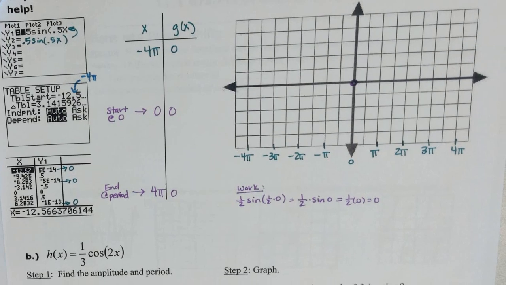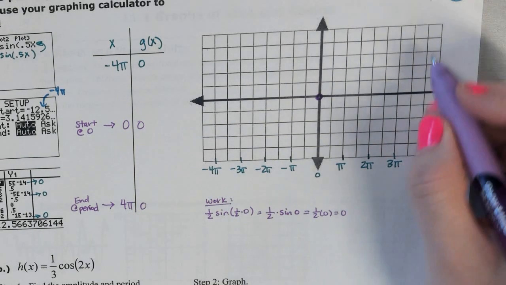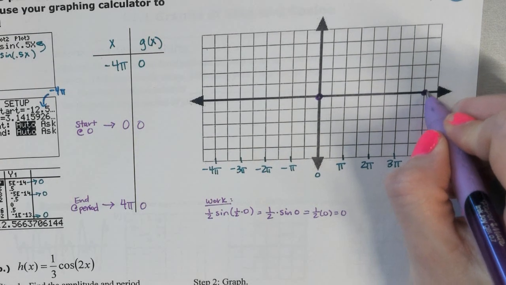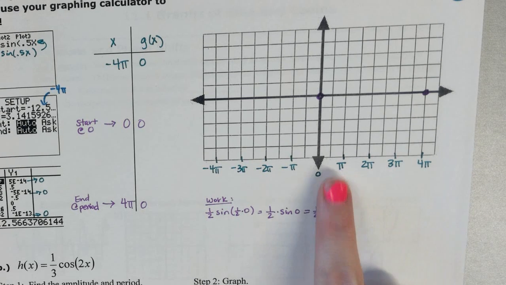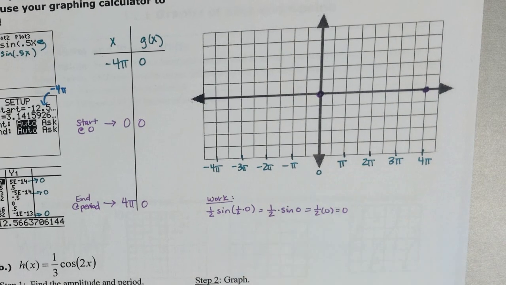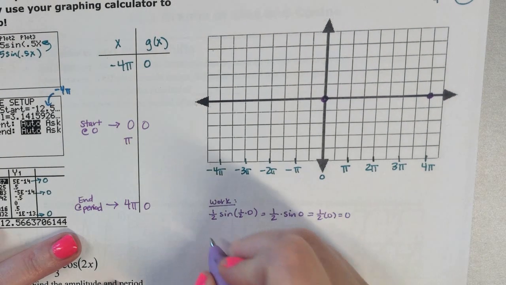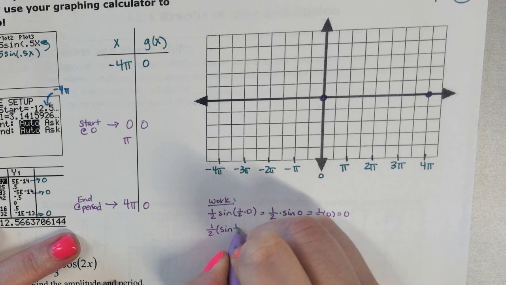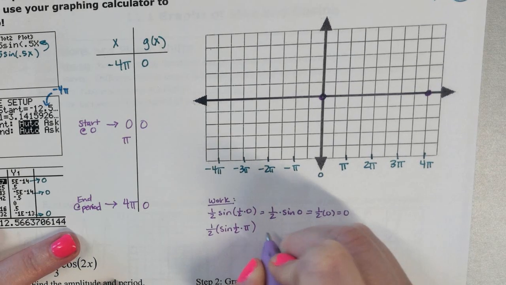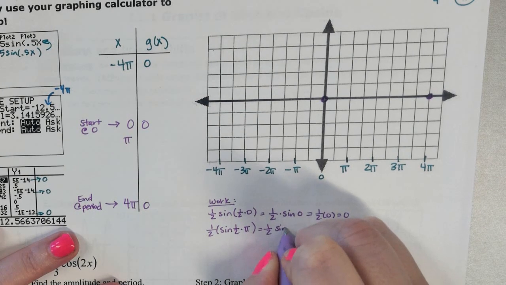Okay, so let's talk about this. There's a couple different things we can do. So we have 0, 0, we have this. Now, you could keep plugging these in. So you could plug in pi, and you could find this out. So this would be sine of 1/2 times pi. Do you guys know what 1/2 times pi is? Not 2 pi.